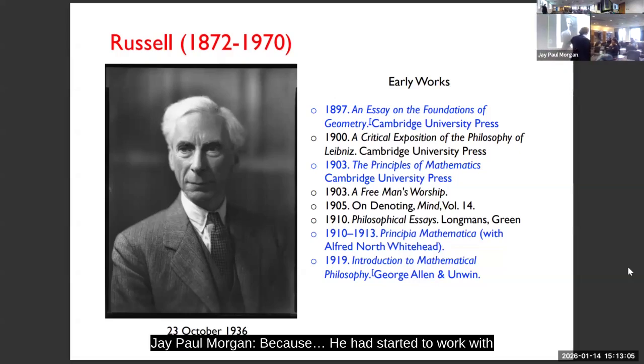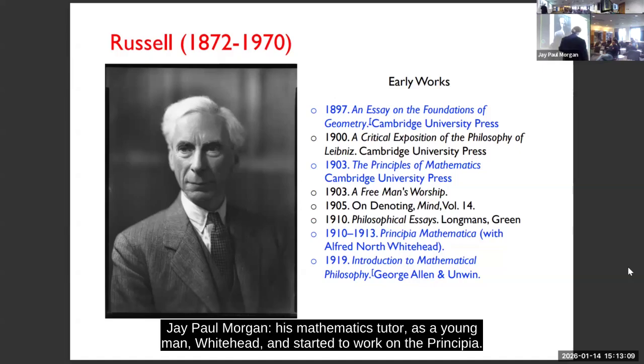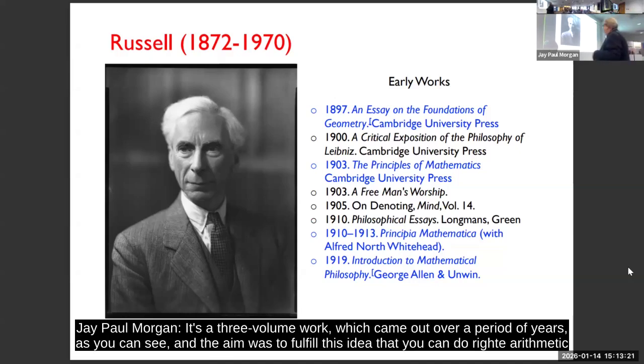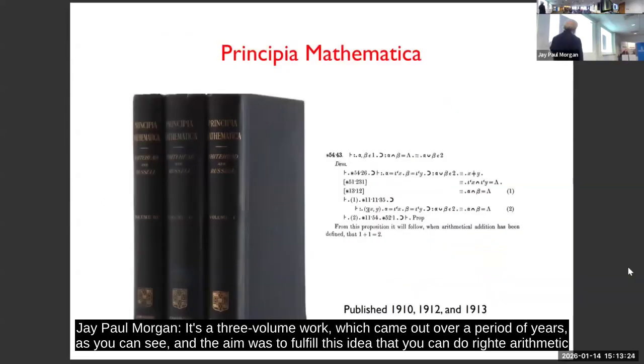Anyway, the period we're dealing with is around here, because he had started to work with his mathematics tutor as a young man, Whitehead, and started to work on the Principia. Now, the Principia is a 3-volume work which came out over a period of years, as you can see.